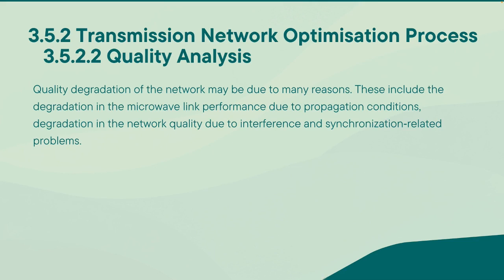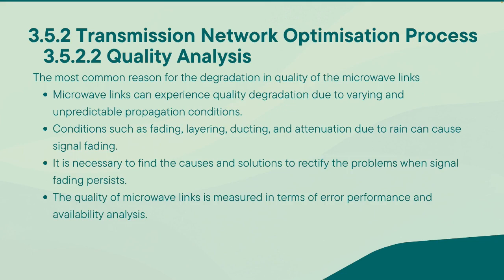These include degradation of the microwave line performance due to propagation conditions, or degradation in network quality due to interference and synchronization problems. These four points are the more common ones involved in the degradation of the network quality.